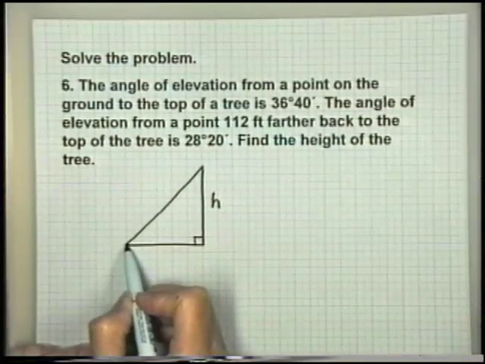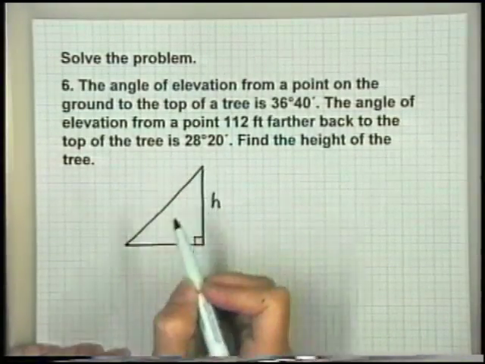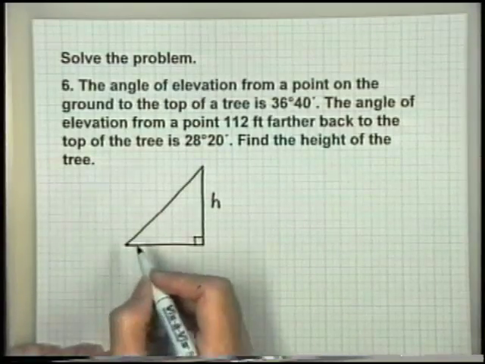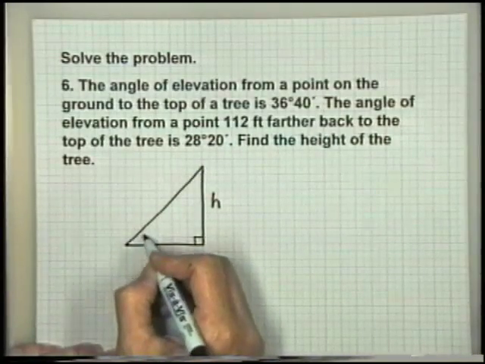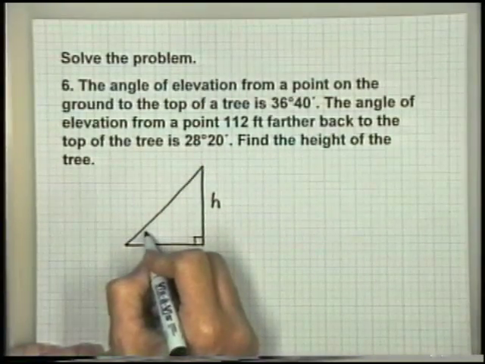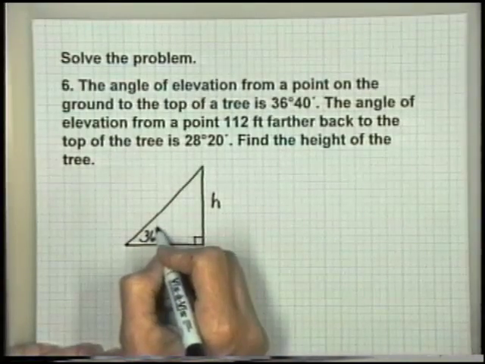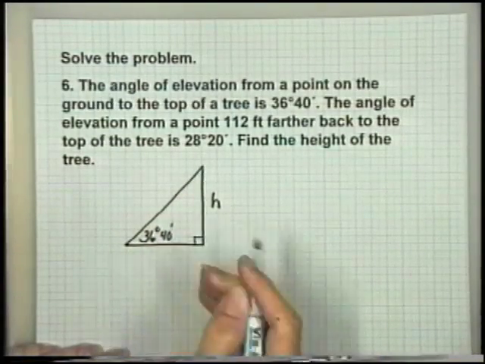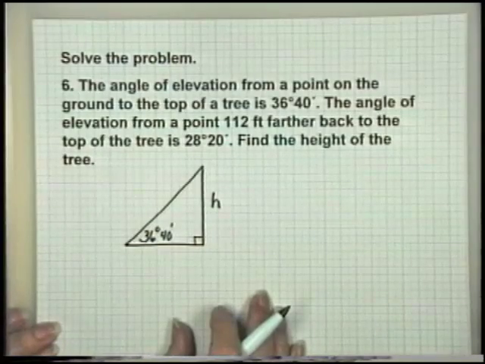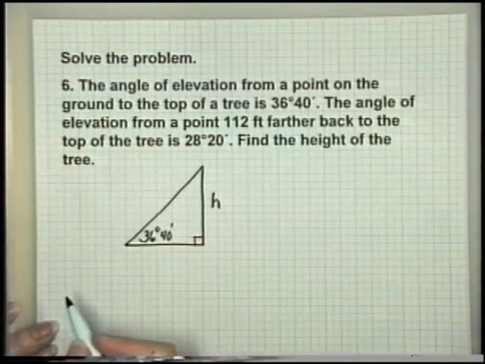And we know that the angle of elevation from this point on the ground to the top of the tree is 36 degrees 40 minutes. So this is the angle of elevation. So we'll label that 36 degrees 40 minutes.